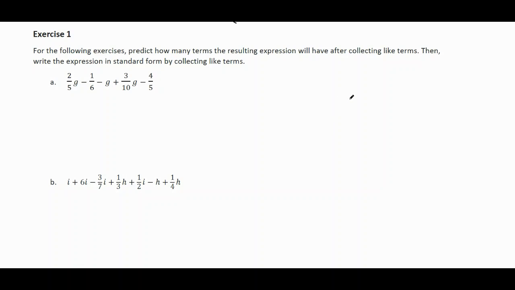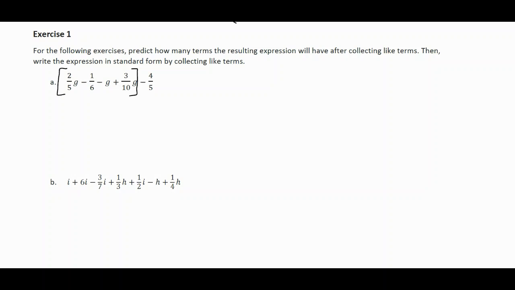Exercise 1. For the following exercises, predict how many terms the resulting expression will have after collecting like terms, then write the expression in standard form by collecting like terms. For this one, which will be my last example so that you can practice on your own, this is the only one that has variables.